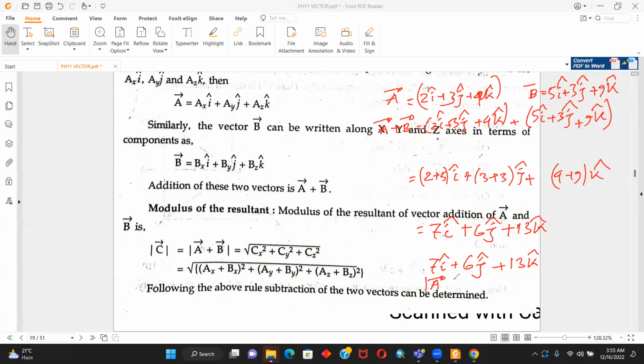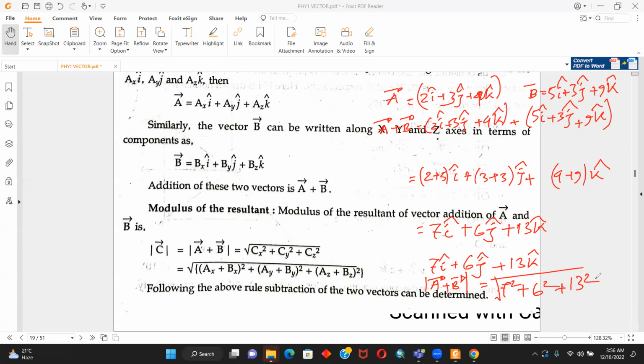The modulus of a vector plus b vector will be equal to square root of 7 squared plus 6 squared plus 13 squared. Understand my point? So firstly complete the operations in addition. Then afterwards you will take the square root in the previous manner, whatever we did.